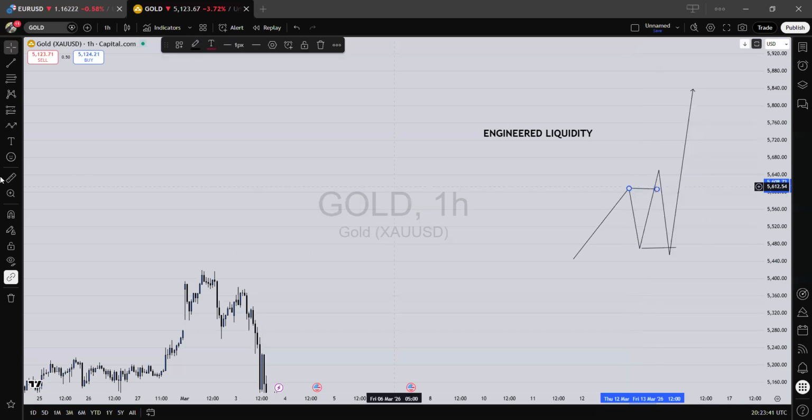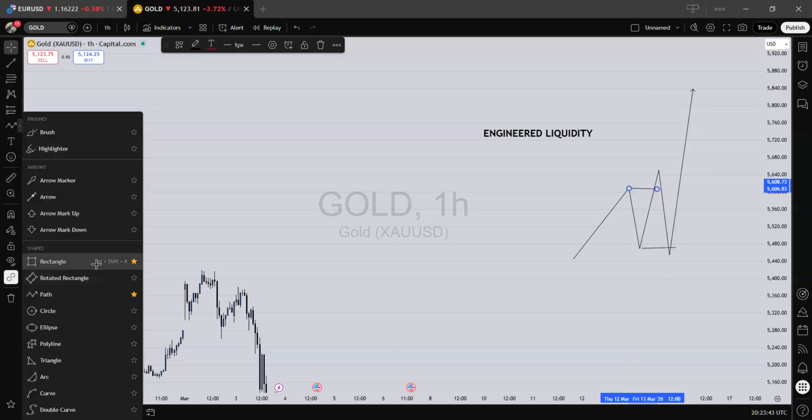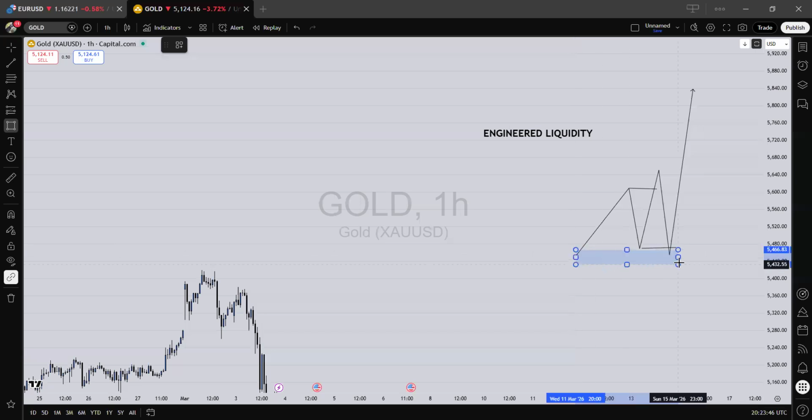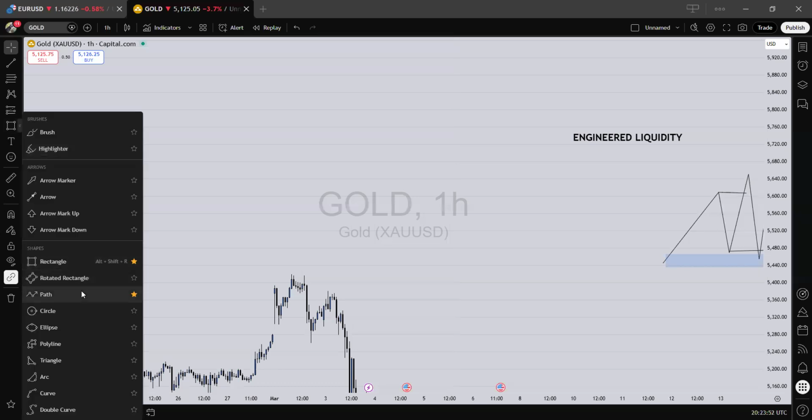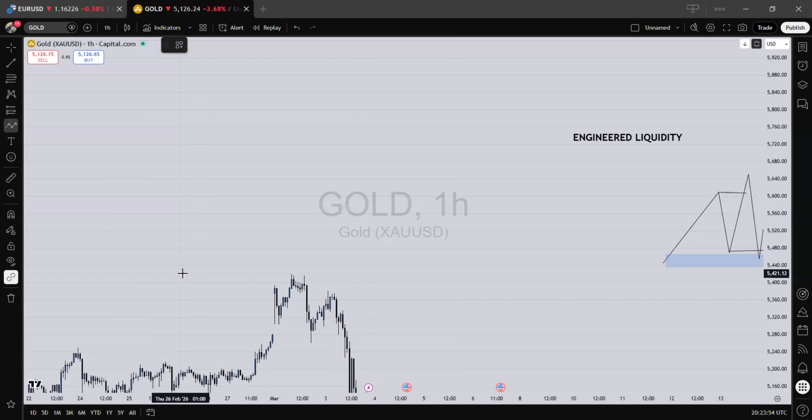Inducement, break of structure, and then POI. It must be close to a POI, right? But for engineered liquidity, even though it is close to a POI, price doesn't necessarily have to break structure.